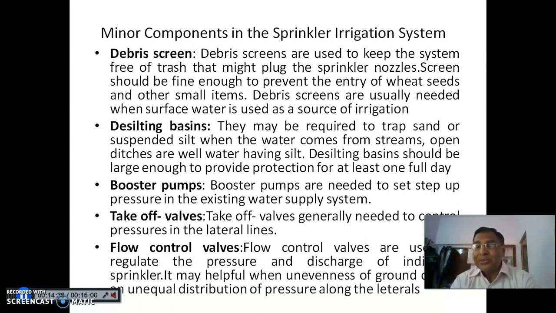Flow control valves are used to regulate the pressure and discharge of individual sprinklers. It may be helpful when unevenness of ground causes an unequal distribution of pressure. So, when ground unevenness causes pressure variation, then these flow control valves are needed. We'll stop this video here. Thank you very much.